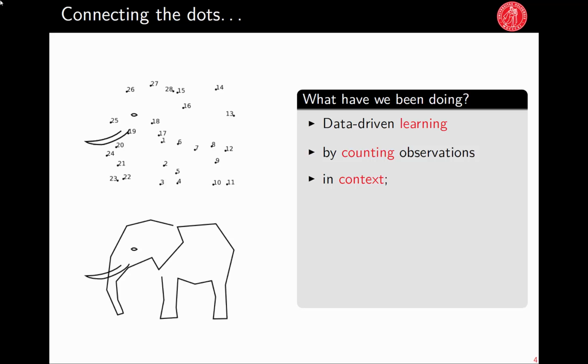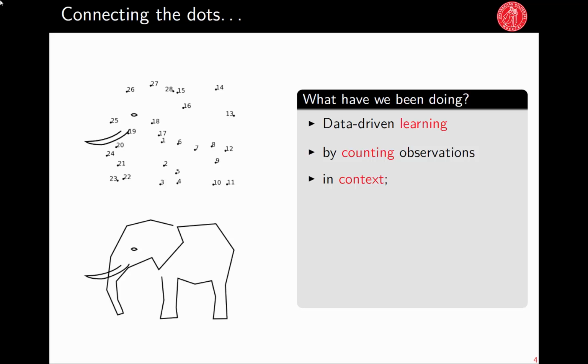We've applied machine learners to automatically learn from data something about either class distributions or the probability of sequences of words or parse trees.